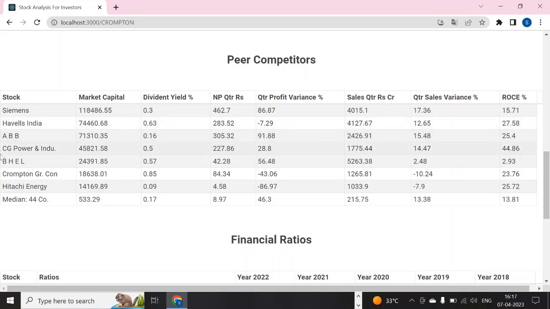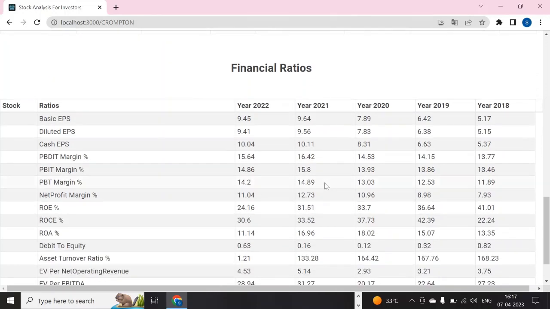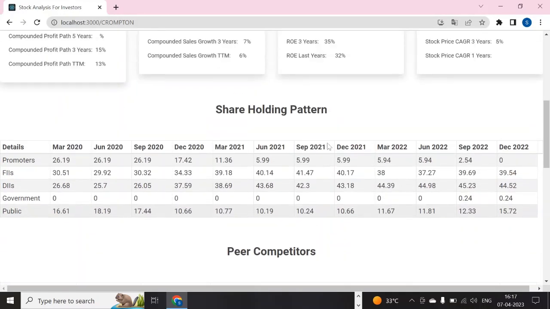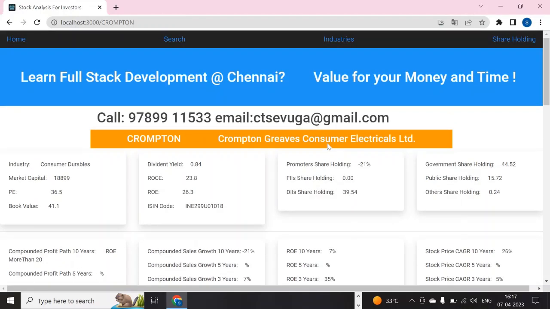Crompton has peers such as Siemens, Havells, ABB, and we can also discuss that, followed by the historical data of different financial ratios of this stock. Before coming into the Crompton stock analysis, let us give some idea about the measurements like PE ratio, ROE, and ROCE, and how they can be compared with other stocks. All those things we can discuss.